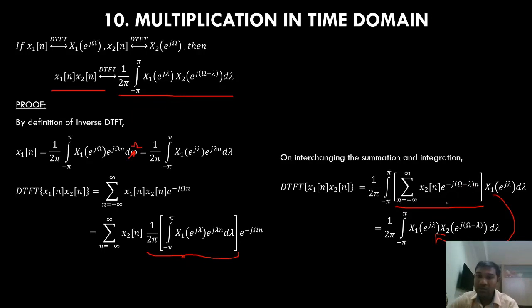So this is equal to x2 of e power j omega minus lambda d lambda. So that is the multiplication in time domain or convolution in frequency domain.